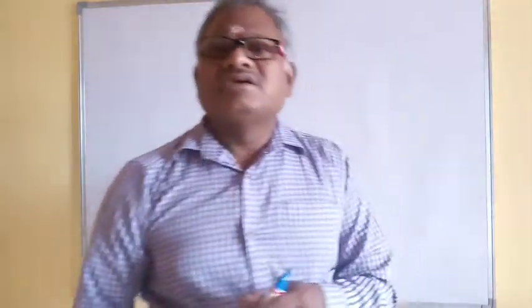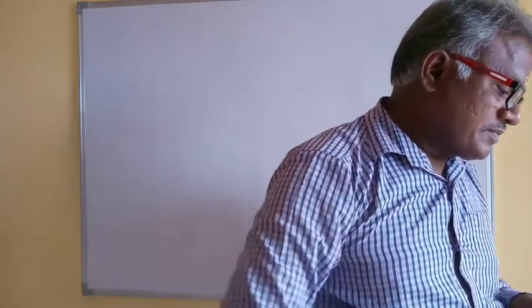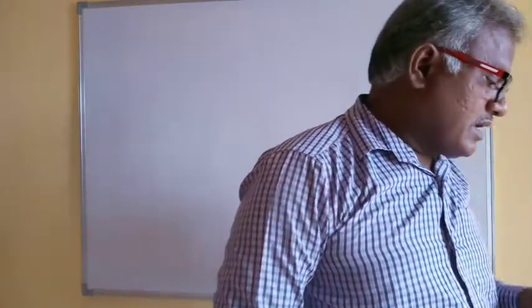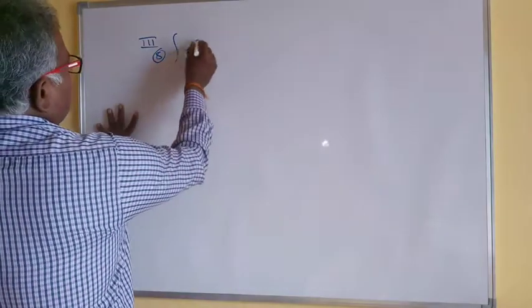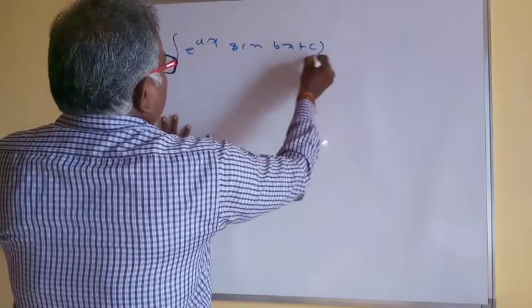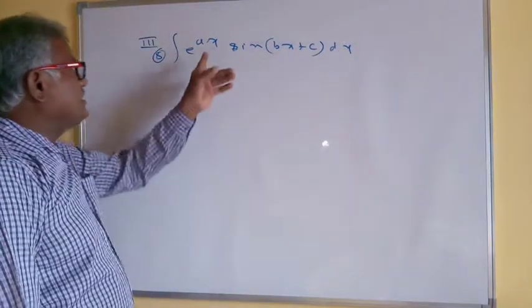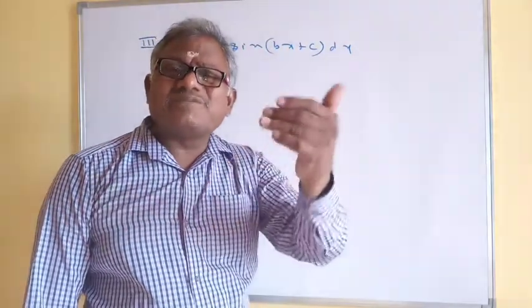Next, in Roman number 3, the eighth problem, e power ax into sin bx plus c, is already over. I already had to complete e power x into sin bx dx, and also the extra one, e power x into cos of bx plus c.